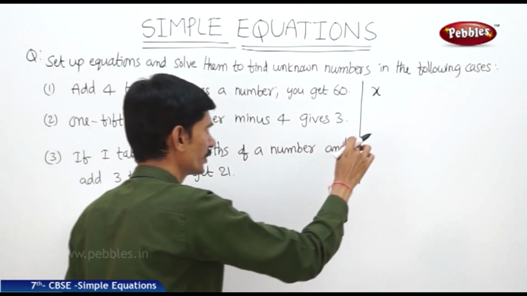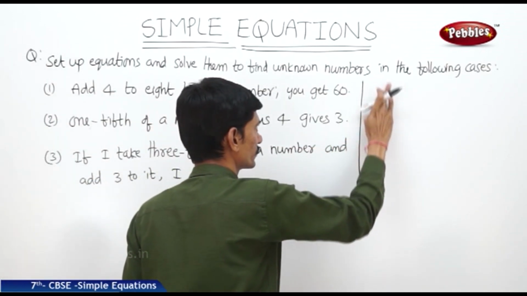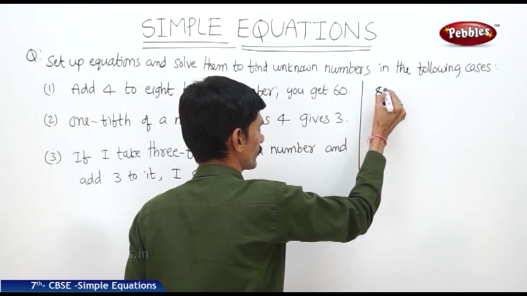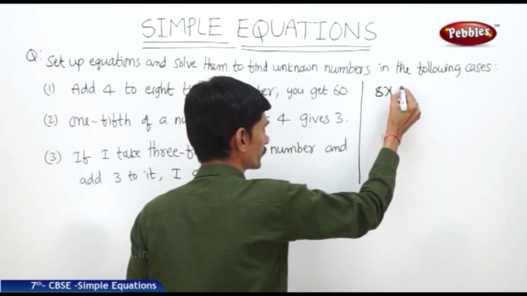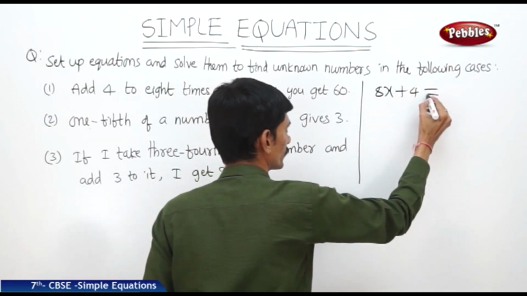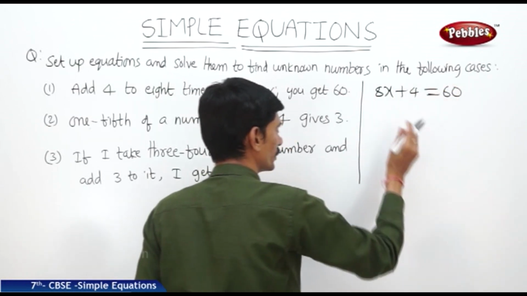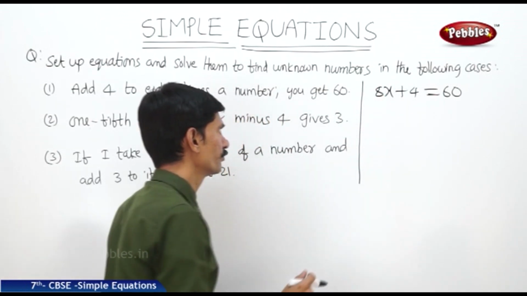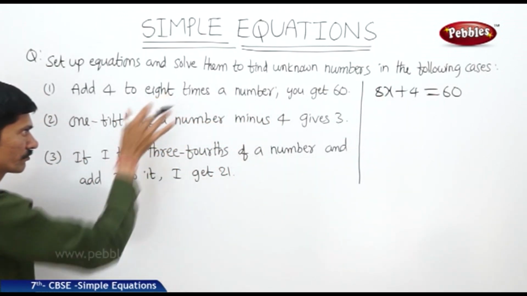So 8 times the number means you will get 8x. Then add 4 means plus 4. So then we get the result 60. Now this is the equation formed based on the statement given in the first question.